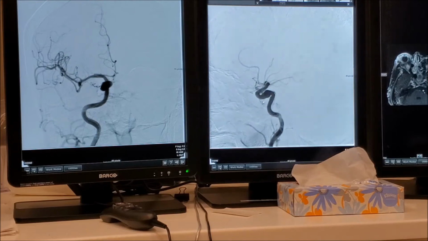What do you think this blood vessel is? This one is the infralateral trunk. This one probably is going towards, following the clivus.